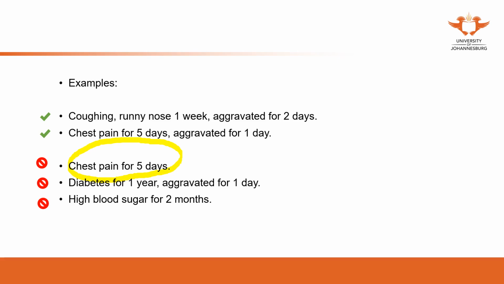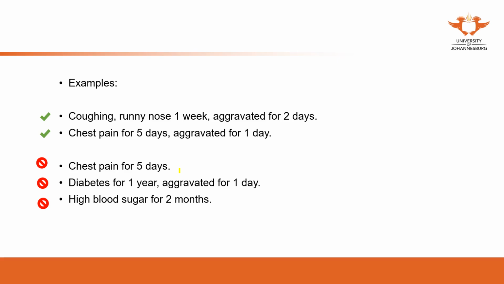Why does he only come to you now? Why didn't he come 4 days ago or 3 days ago? What happened during the whole process from 5 days ago until today? It's not a good example of a chief complaint, because from this sentence you won't be able to know what happened to the patient, or why he comes to you now.